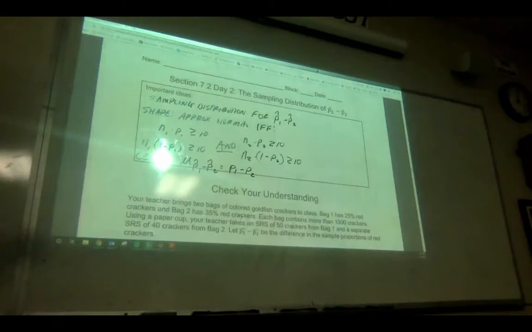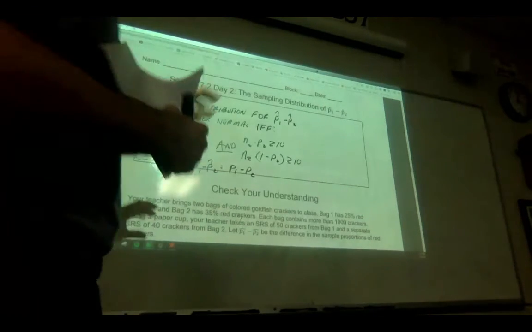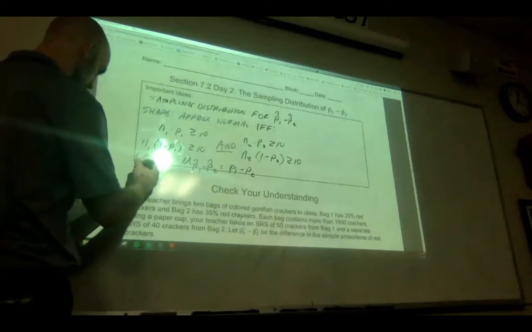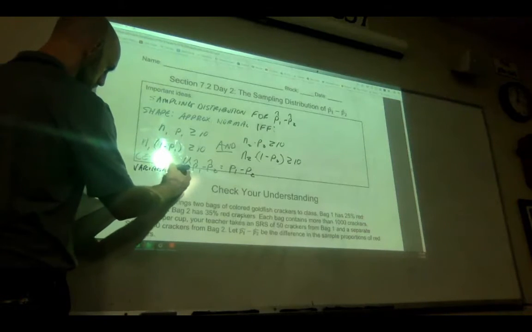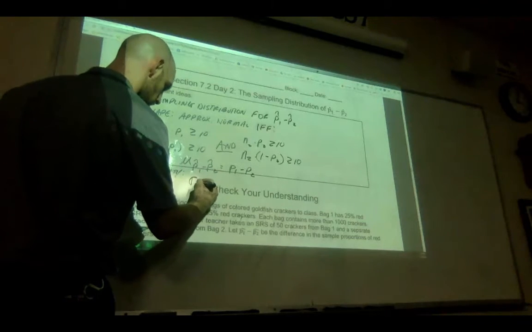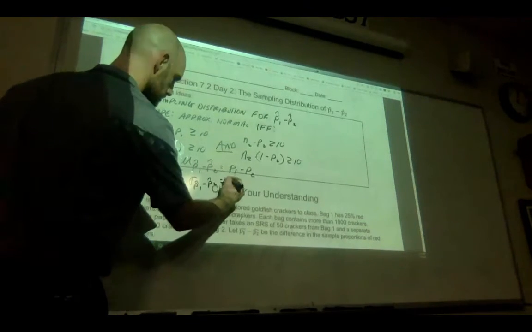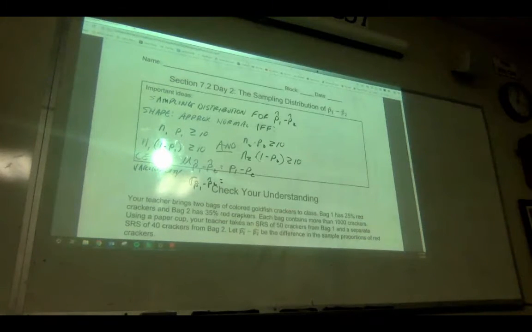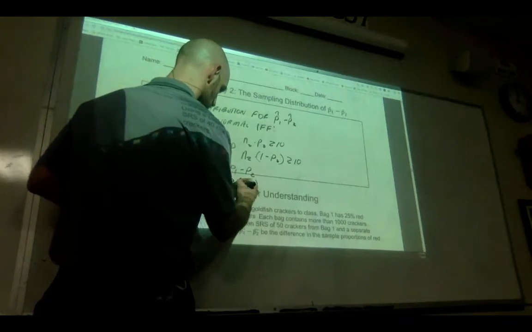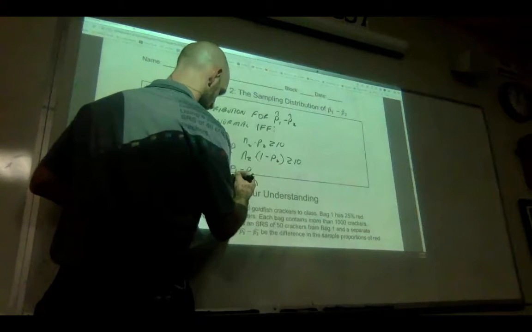So as we've recalled, the center of the distribution of the differences of proportions is going to be equal to the difference in the means, and then our variability is going to be this formula from before.